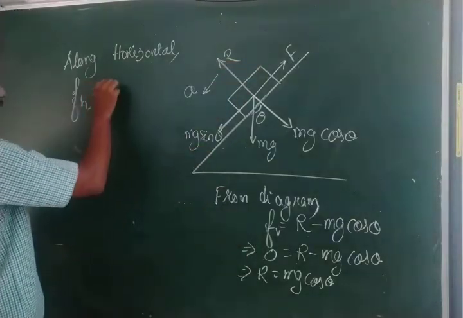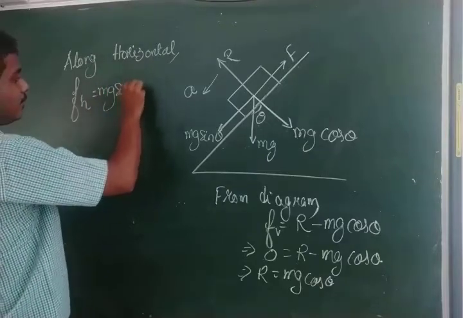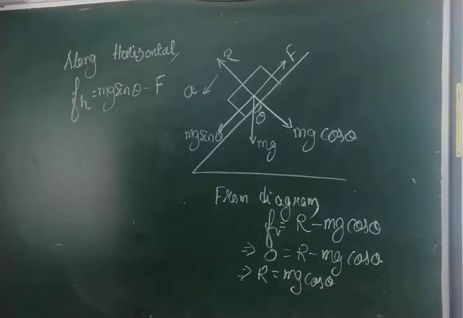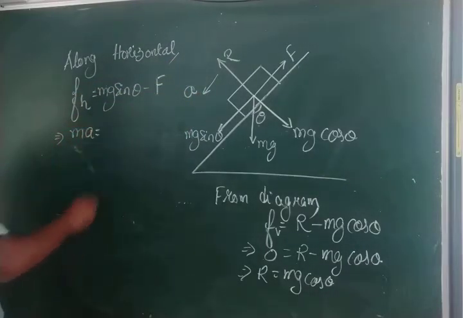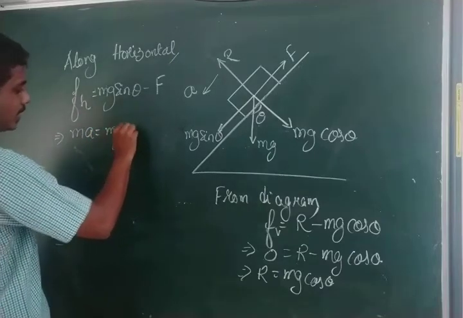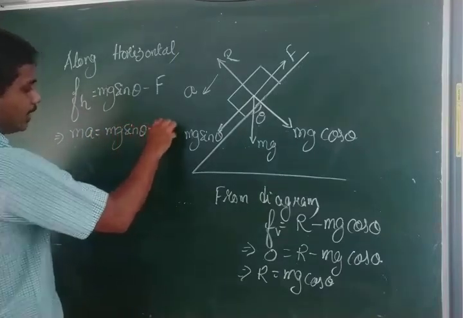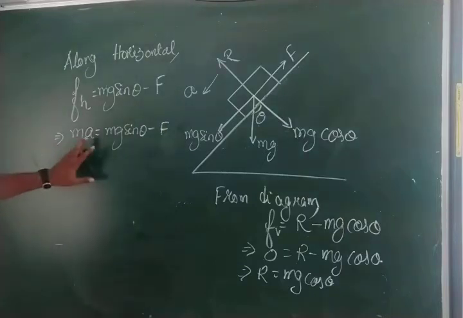So mg sin theta minus f. This force will be more than that one. So this will be equal to m into a, that is mg sin theta minus f equals ma. We need to find out the value of a.